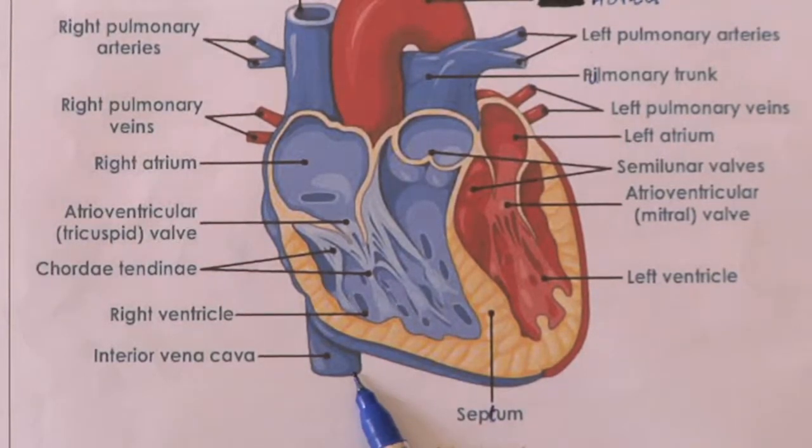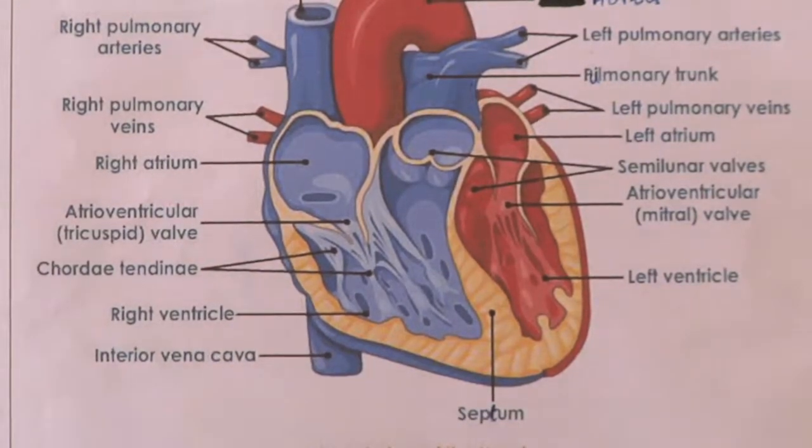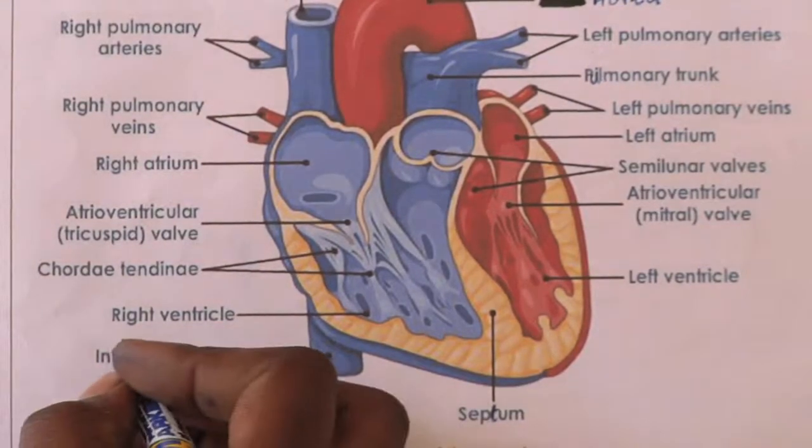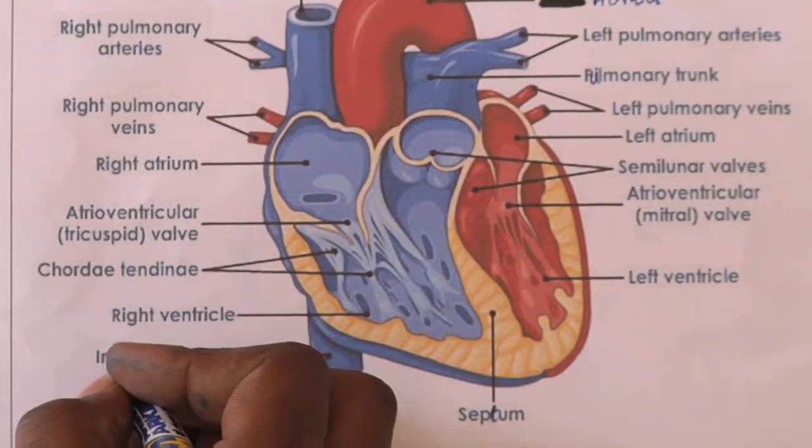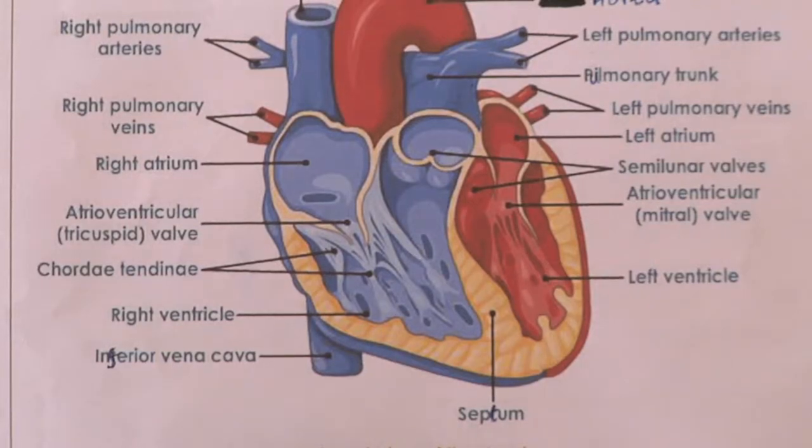What do we mean by the lower parts of the body? The parts beneath the heart, the abdomen together with the lower organs, such as the liver and the kidney. That is the function of the inferior vena cava.